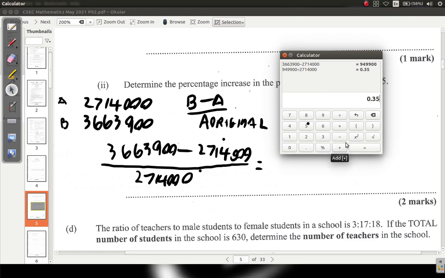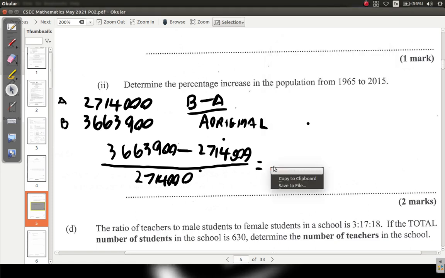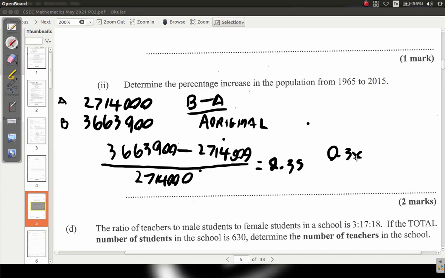I have 0.35. Then 0.35 times 100 gives you 35%. So it increased by 35%. You see that? Alright. We're going to continue with part D in a different video.